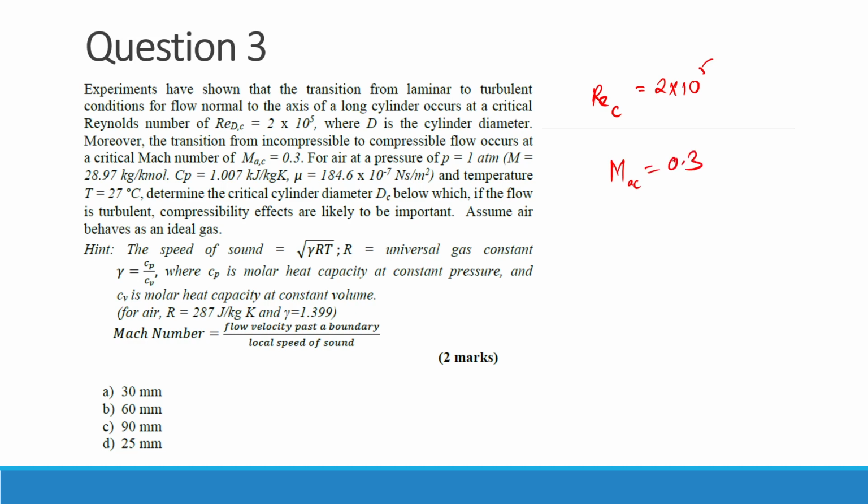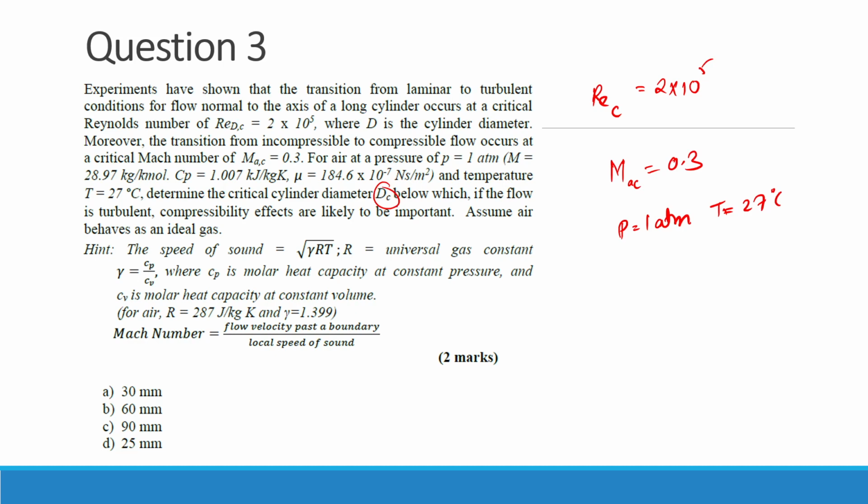Then for air at a pressure of 1 atm and other given parameters and a temperature of 27 degrees Celsius, we have been asked to determine the critical diameter DC, below which the flow is turbulent and compressibility effects are likely to be important, assuming the air behaves as an ideal gas.